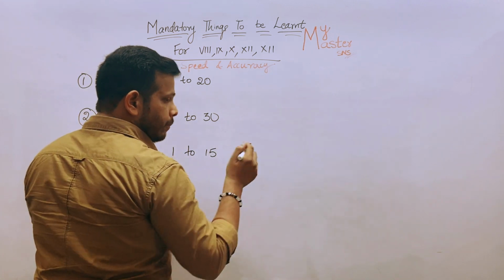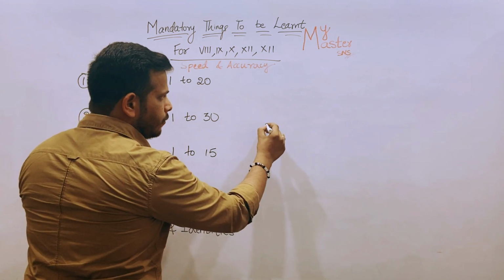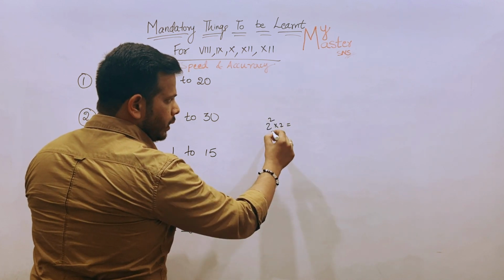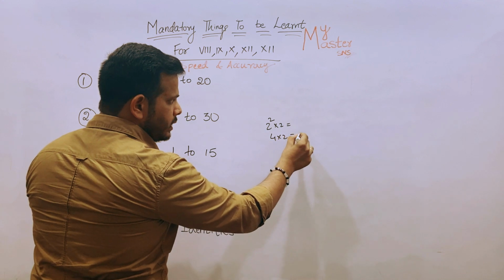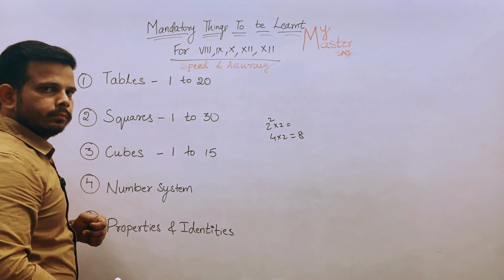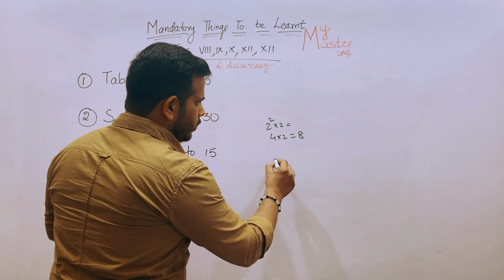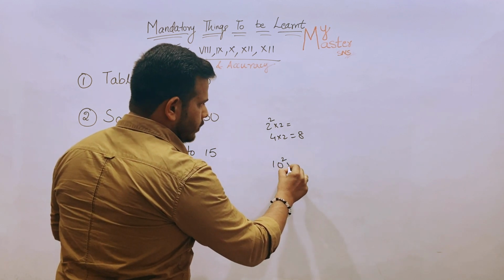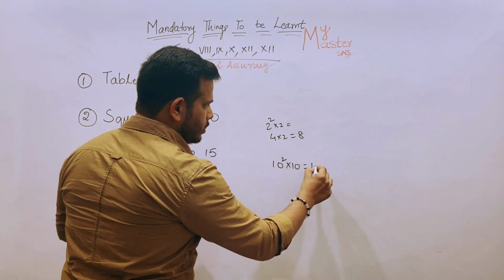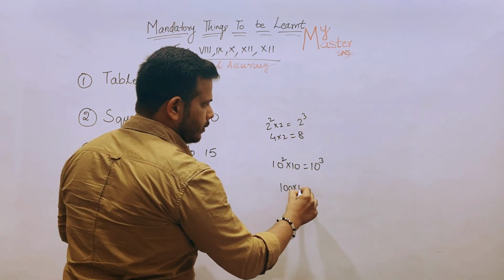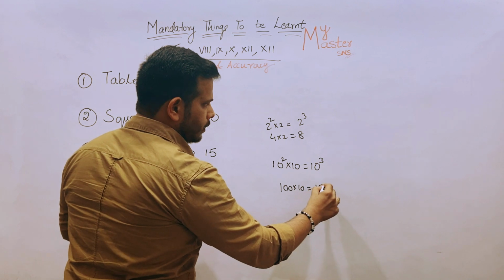If you know 2 square, you just multiply with another 2. 2 square is 4, 4 into 2 is 8. Cool. Let's go for 10 square, 10 into 10, 100 into 10, 1000. This is 10 cube.